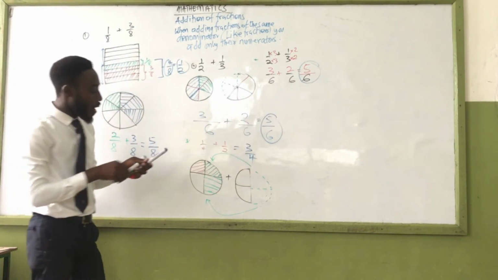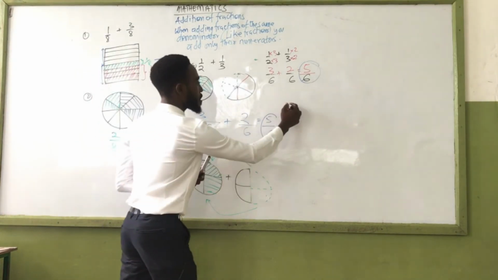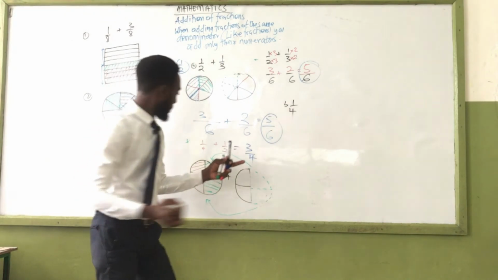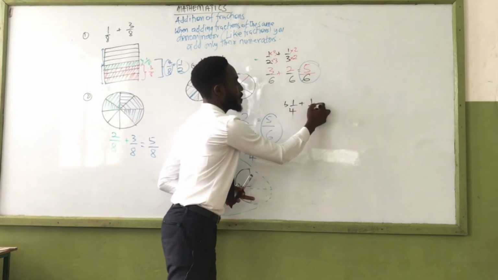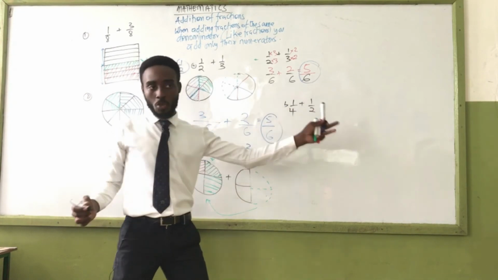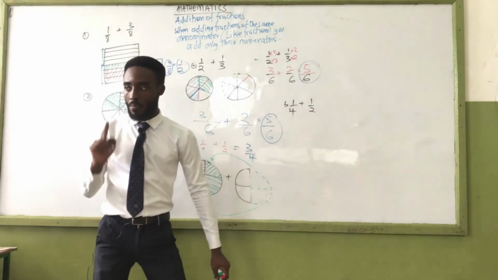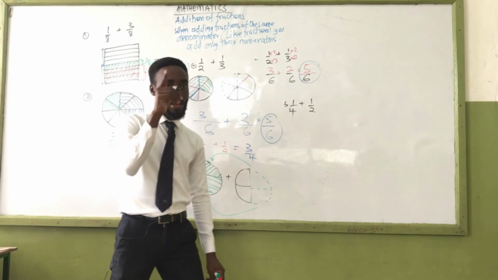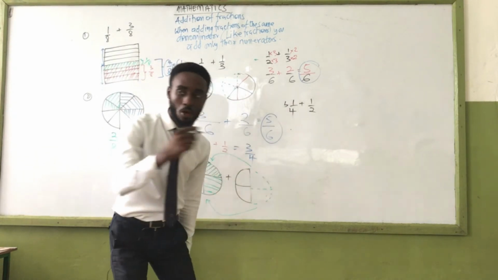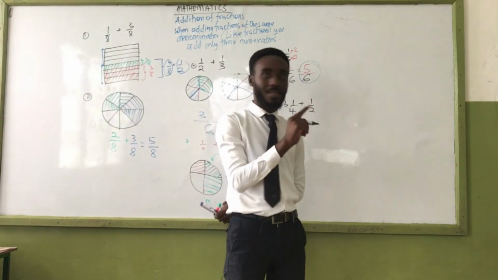Okay. The second question was 1 out of 4 plus 1 out of 2. And what's the LCM for 4 and 2? 4. So that means they will have a common denominator of 4.